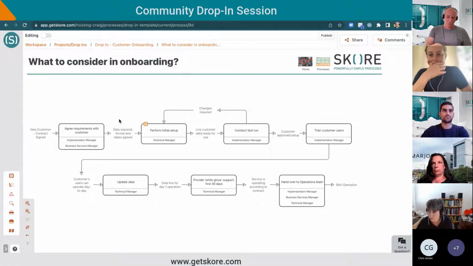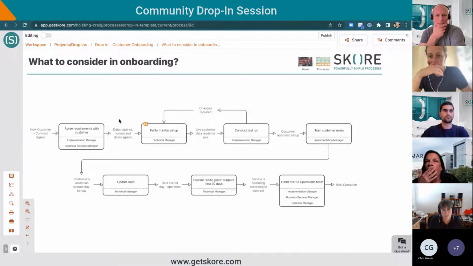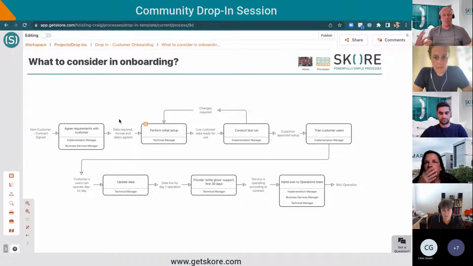So often their clients would be doing this work internally today, but then they'd be handing it over to this company to do for them in the future. And of course, that meant they were not only trying to understand what work moves from the customer to the outsource provider, but also what systems they were using, what sort of data they had, all of that sort of thing.